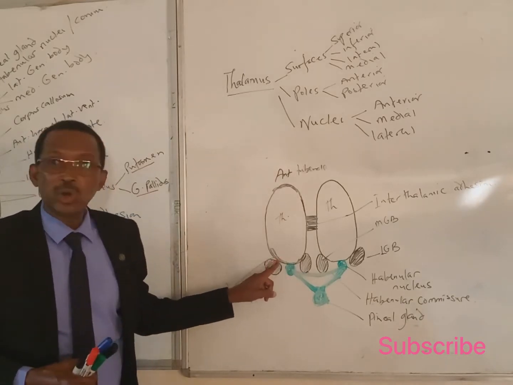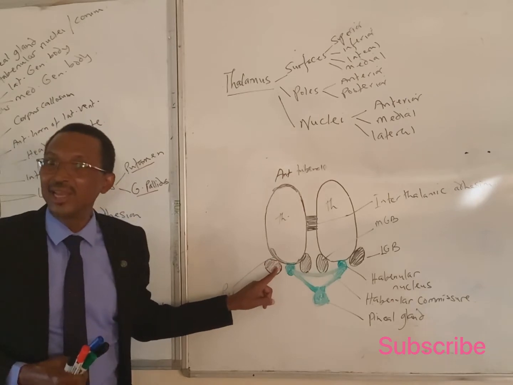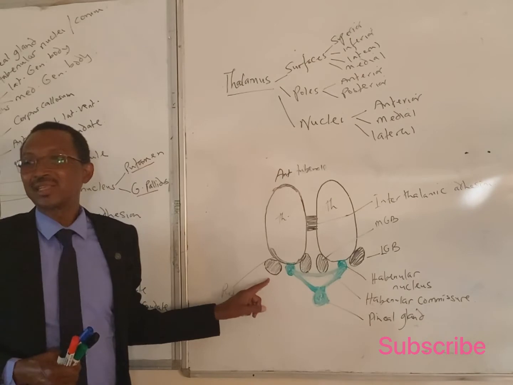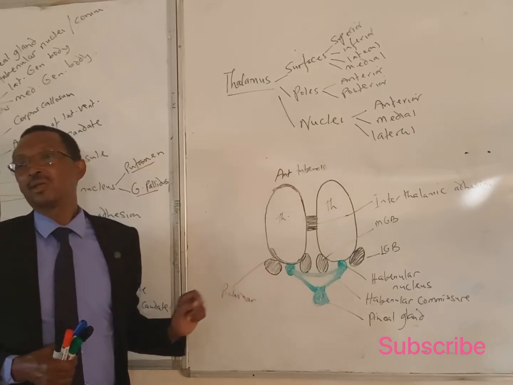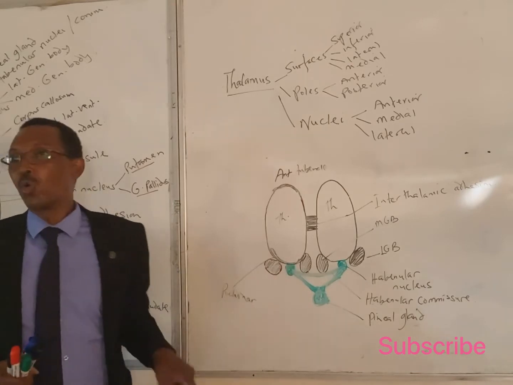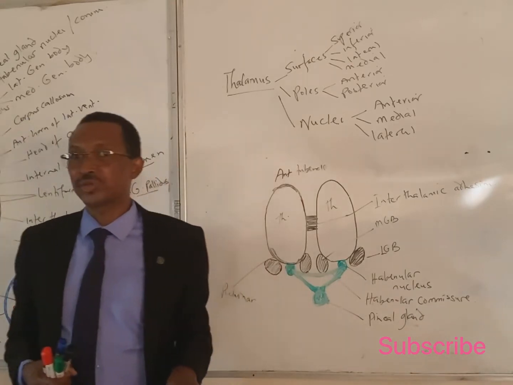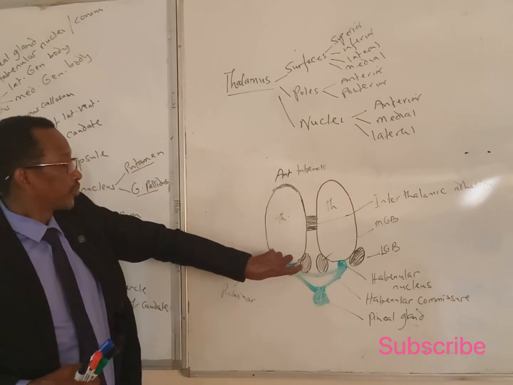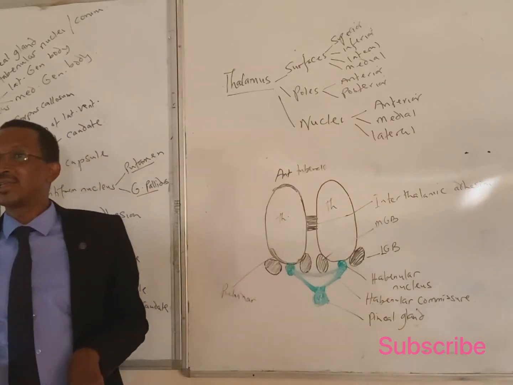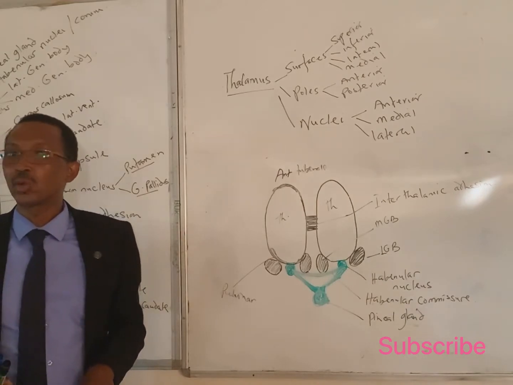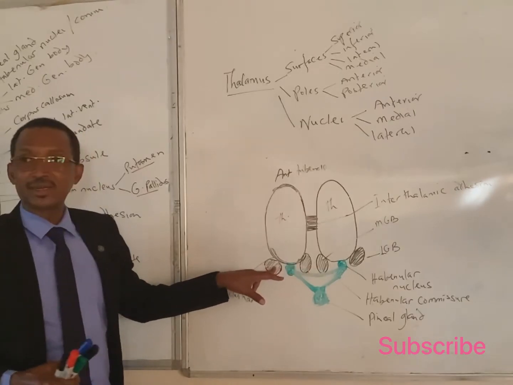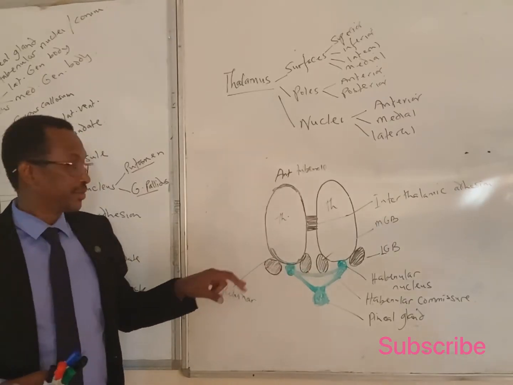On the postero-inferior lateral part of each thalamus, you have another body known as the lateral geniculate body. So we have two bodies. These two bodies are called metathalamus. So you have two bodies on one side, and two bodies on the other side. Are you clear? Good. So now we have seen the medial geniculate body and the lateral geniculate body.